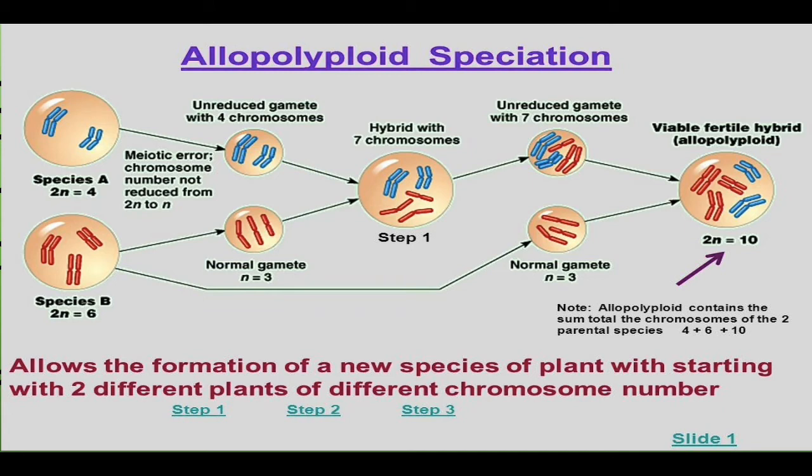Then a hybrid forms after fertilization in the first step. Then the unreduced gametes with 7 chromosomes cross with normal gametes of species B and form a viable fertile hybrid, known as an allopolyploid, that is 2n equal to 10. So the allopolyploid contains the sum total of the chromosomes of the two parental species. This is known as allopolyploid speciation.